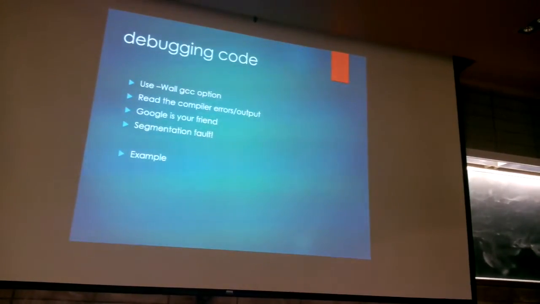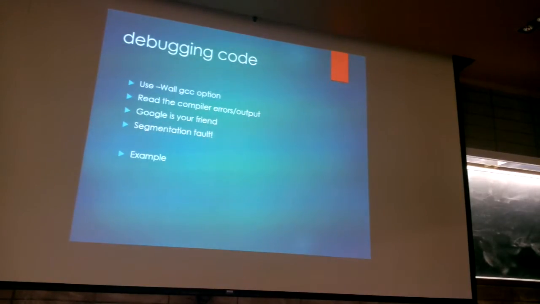My next hint is when you have compiler errors, and output and warnings and such, read them. People usually come to me and say, I got this compiler error, but I don't know what that means. It's usually pretty descriptive. It'll tell you what line the error is on. A lot of times the error is before the line, like say you forget a semicolon on line 13 and you have a comment in line 14, you have code in line 15.